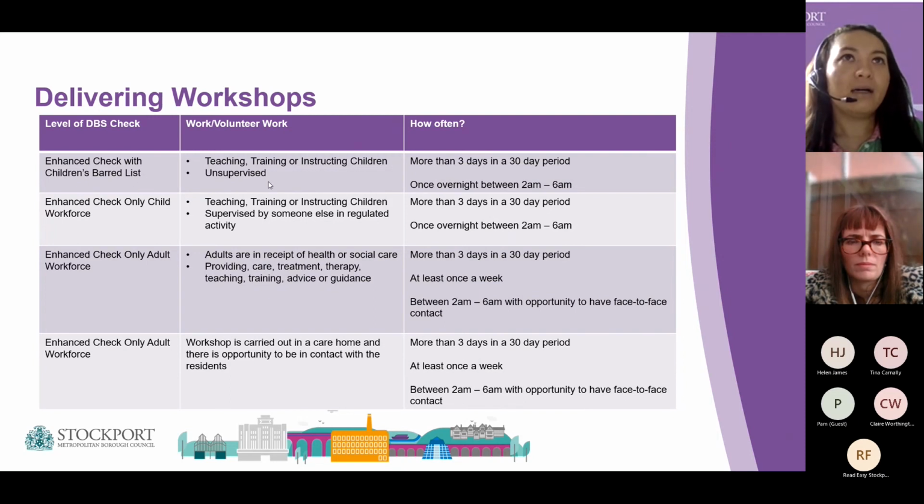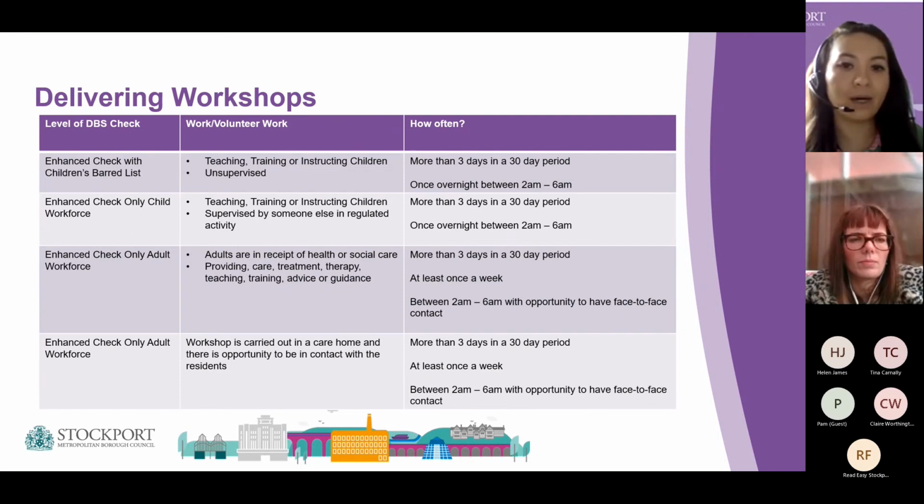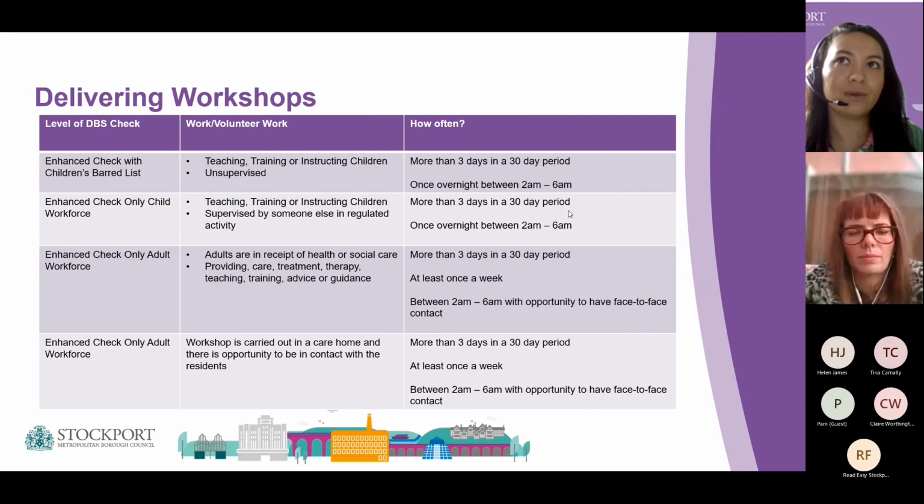If they are teaching or training children but are supervised by someone else in regulated activity, someone who's been checked against the barred list, and you also want a volunteer to assist that person, then that volunteer will be supervised by someone who's been checked and will only be entitled to the enhanced check. Once again, noting that you need to be doing it often enough.